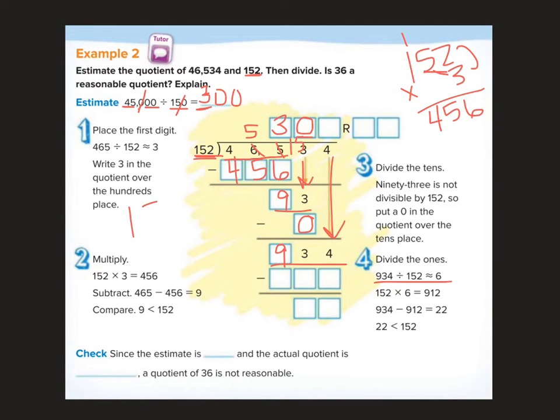What is 152 times 6? 12, 30, 31. 6 times 1 is 6, plus 3 is 9. I get 912. Nice. So it goes in there 6 times. When I multiply 152 and 6, I get 912. And when I subtract, I get 4 minus 2 is 2. 3 minus 1 is 2. So I have a remainder of 22.